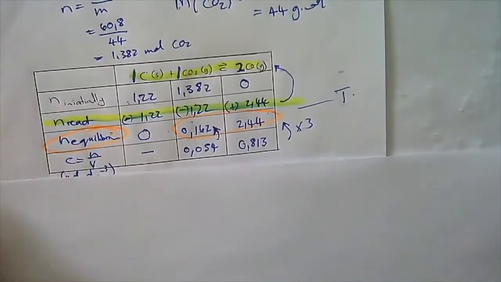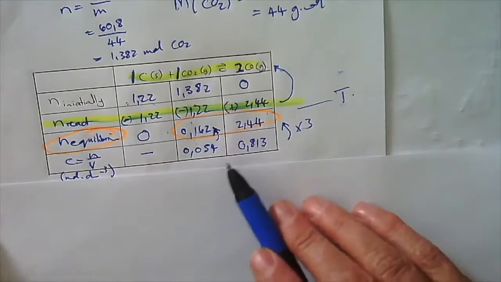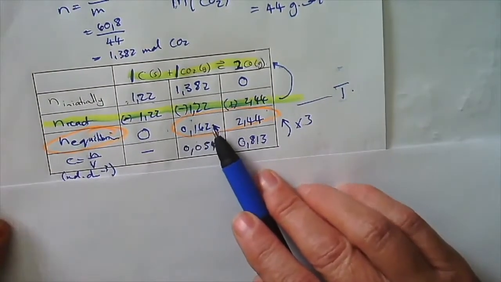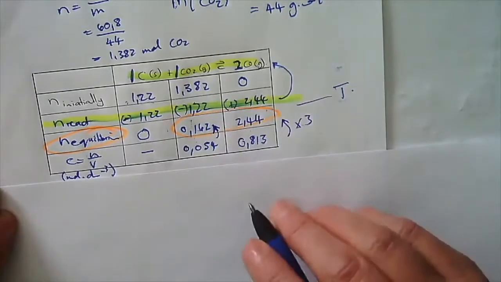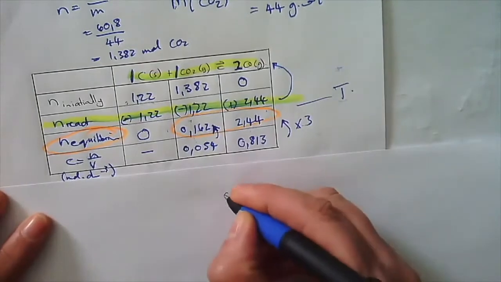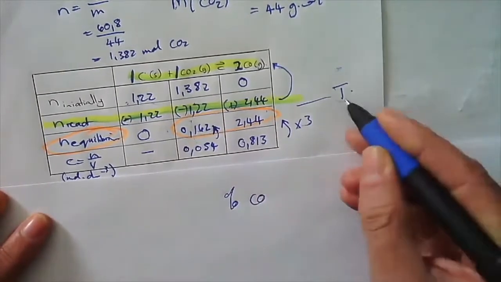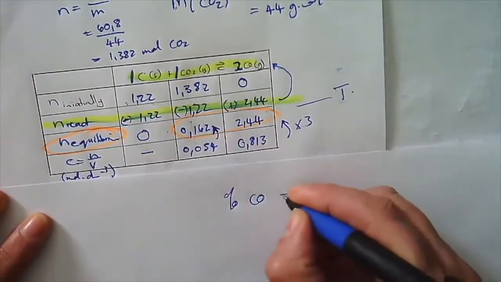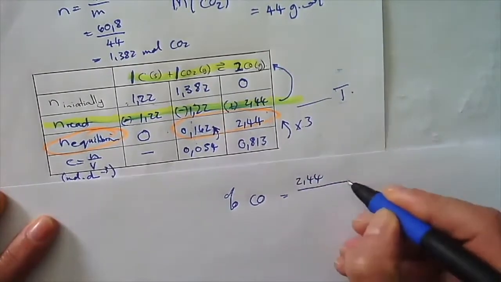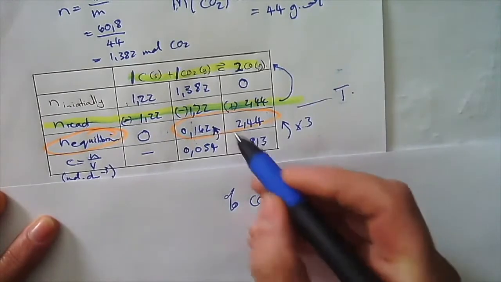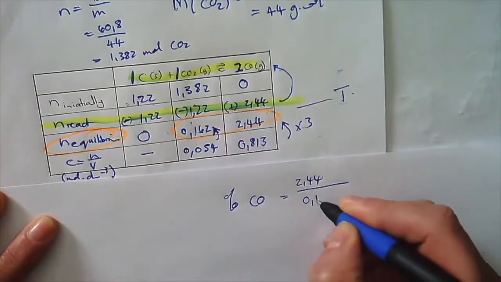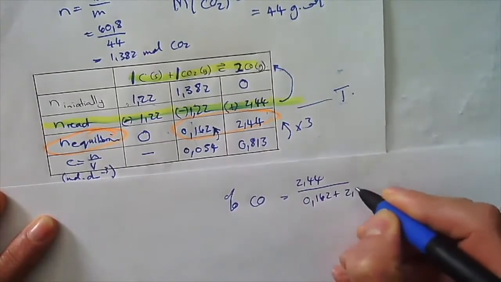Right, so we already know at equilibrium we've got in our container 2,44 and 0,162 moles of CO2 and CO, and nothing of the carbon. Right, so now we can say the percentage CO at equilibrium is the 2,44 moles of CO that we've got divided by all the moles in that container, 0,162 and 2,44.